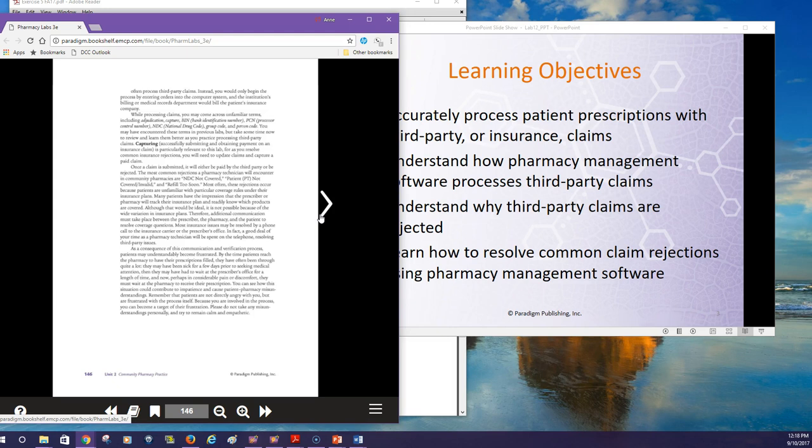We have to make sure we get updated information from the patients when their insurance changes over. Sometimes we have certain circumstances that allow for refills to be filled earlier, things like that, like a vacation request. If a patient loses a prescription, what are the policies on that?